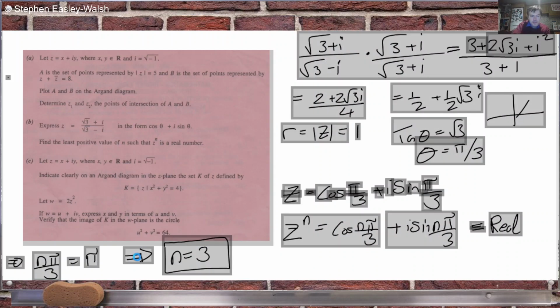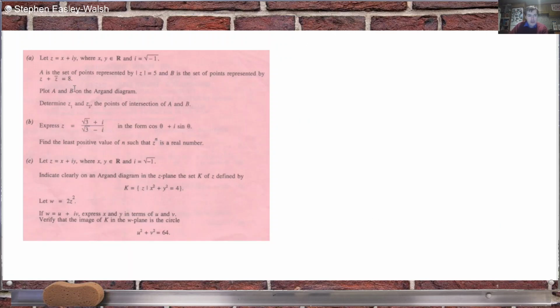Lastly, indicate clearly on the Argand diagram the following. x squared plus y squared equals 4. Okay, let w equal 2z squared. Okay, that's another tricky one.